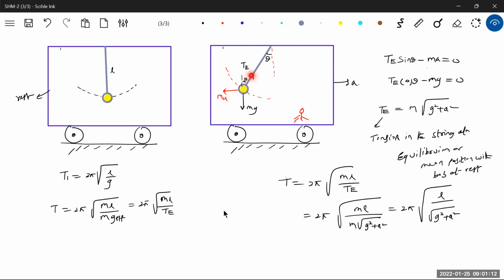When oscillating, again, Te minus mg, it will have m omega square r. Okay, agreed. Now we'll take some other different cases.